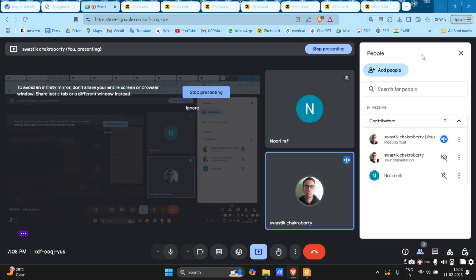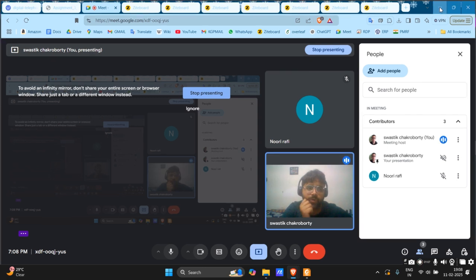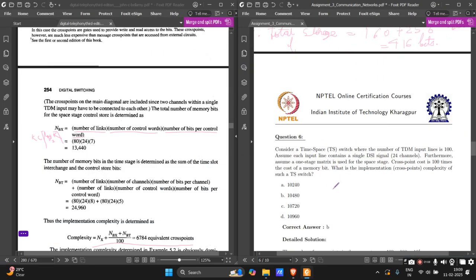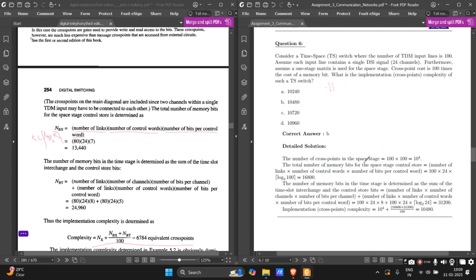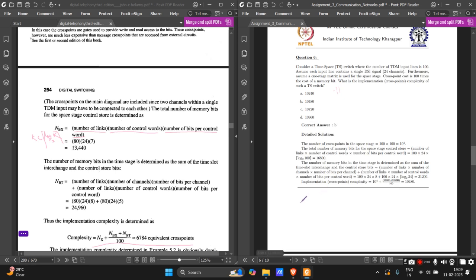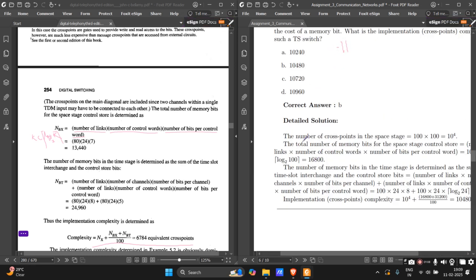Okay. So we will now go on to the solution. Here, first we need to find the number of actual crosspoints.